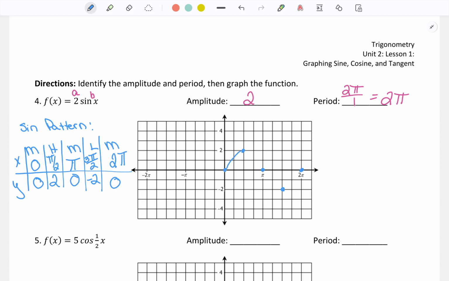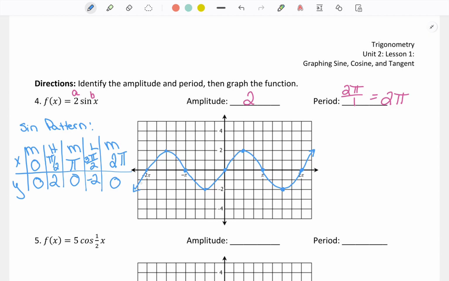So if you notice, for this period, every 2 blocks we have a point. And so then we are just going to continue on. So every 2 blocks, and there we go.